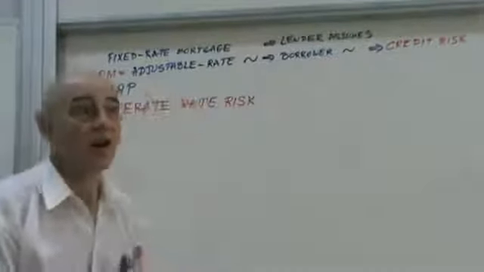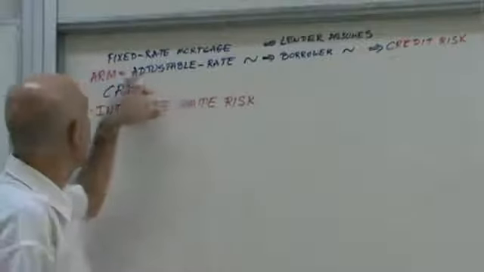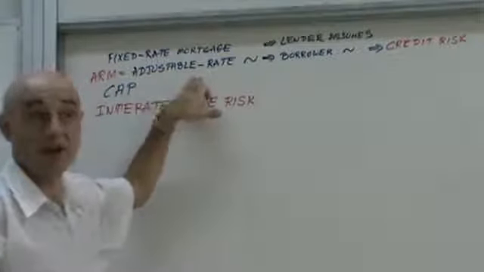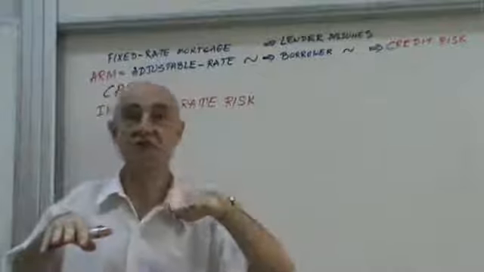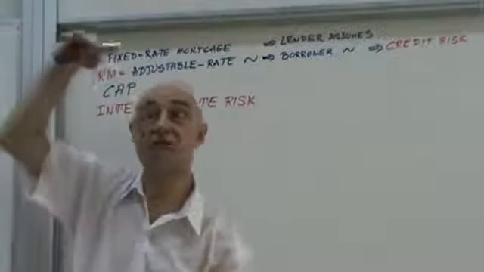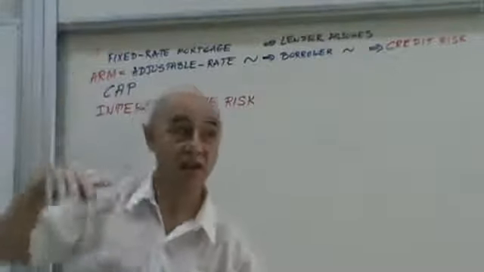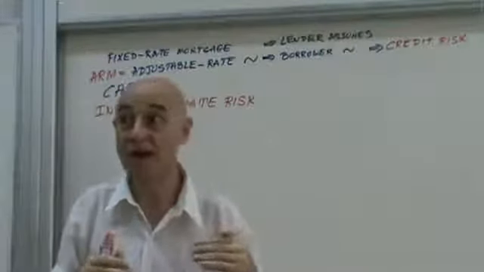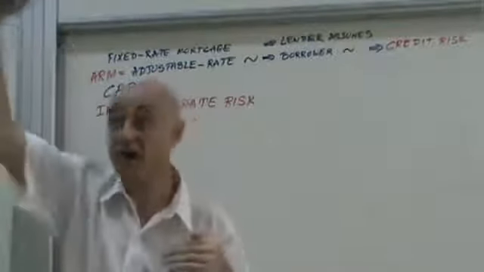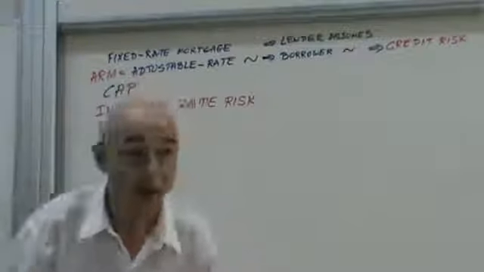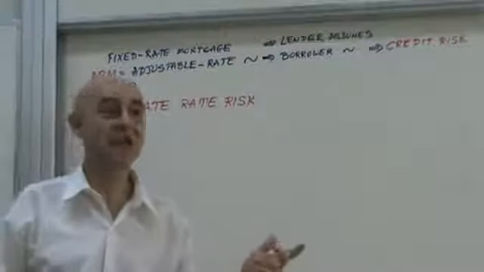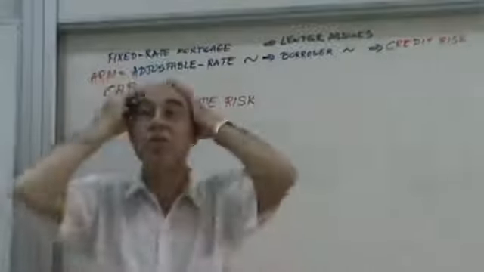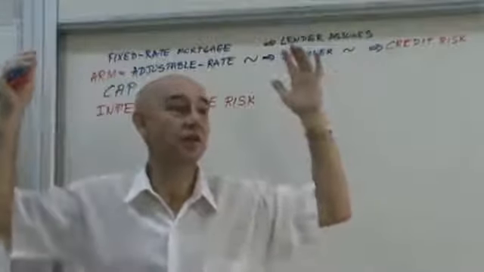So, the lender, by making an adjustable rate mortgage, lowers his interest rate risk, but increases his credit risk. Because as interest rates go up, the payment from $500 a month can go to $600, to $700, to $800, can go to $1,000.